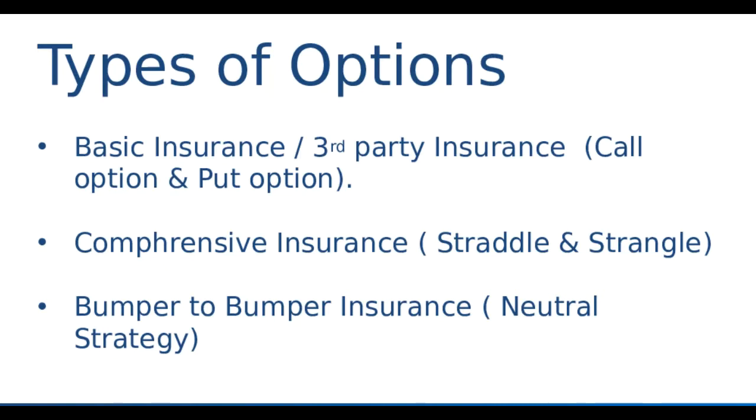It covers the third party as well as yourself as well as the vehicle. I'm just giving you the main categories, because there are a lot of subcategories in comprehensive insurance. And there's another type, which is bumper to bumper insurance: no matter whatever happens to the vehicle, you're completely insured.